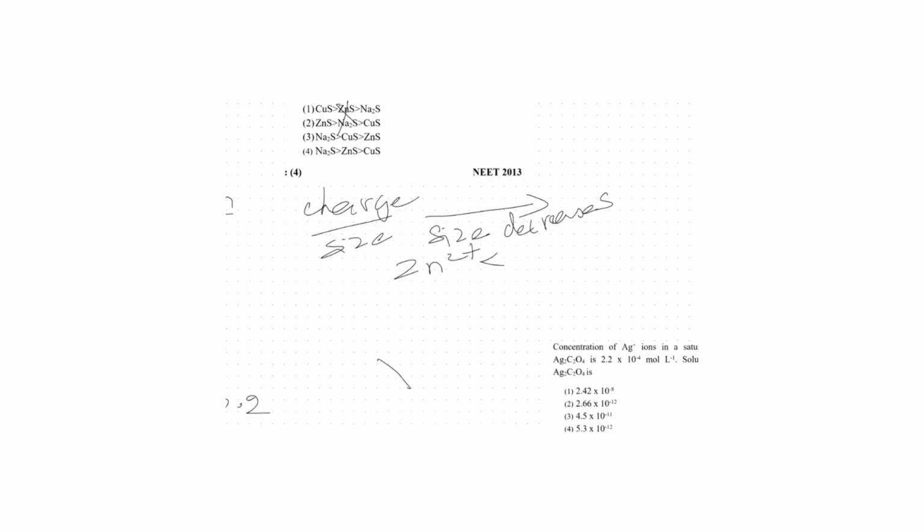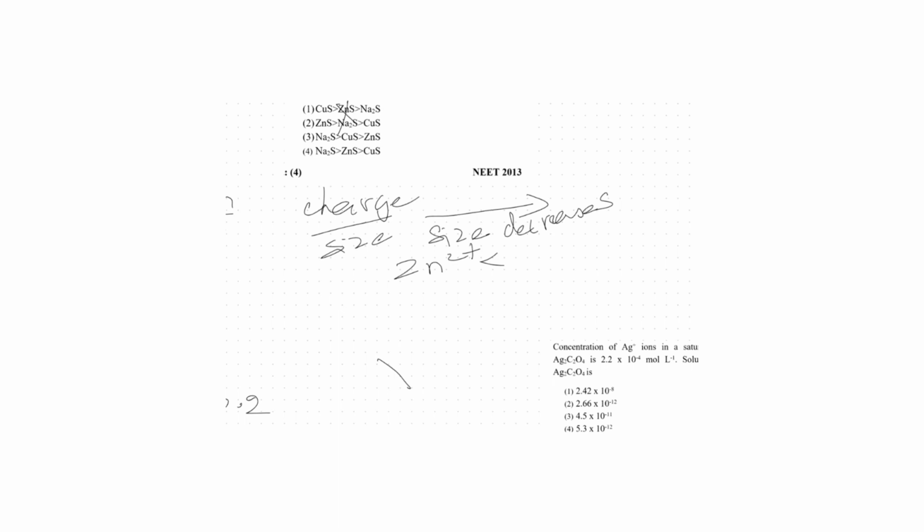Okay. As you move along the period, size of the ions will decrease. That is, zinc ion is smaller than copper ion. So the effective nuclear charge of zinc ion will be greater than that of copper ion.